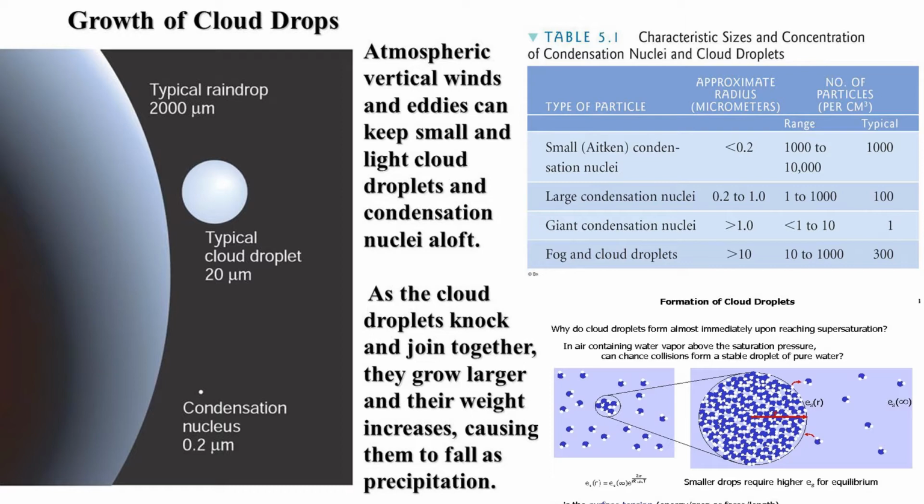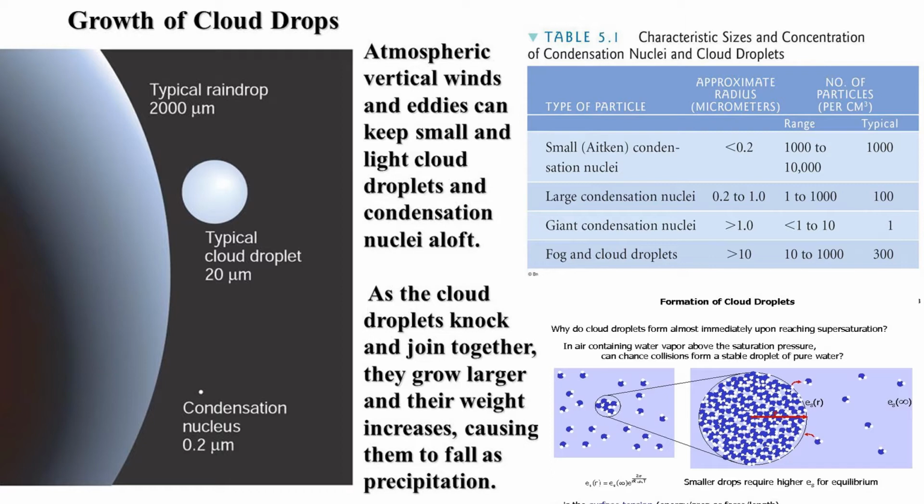Just imagine that an ordinary cloud droplet is extremely small, having an average diameter of 20 micrometers. The typical raindrop is more than 100 times larger than that very tiny 20 micrometer droplet.